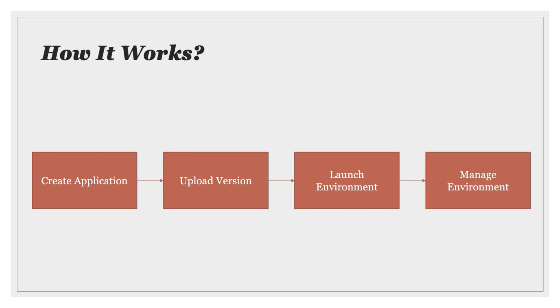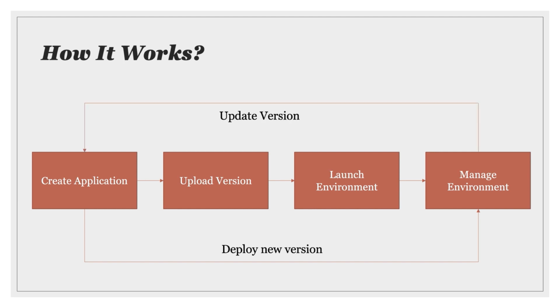So whenever you create an application and deploy an environment, you have deployed a new application version. After that, you can also update that application version by changing the source code. So this is the workflow of Elastic Beanstalk.